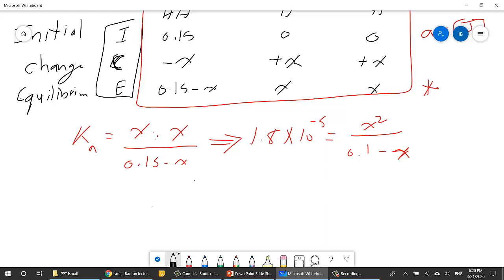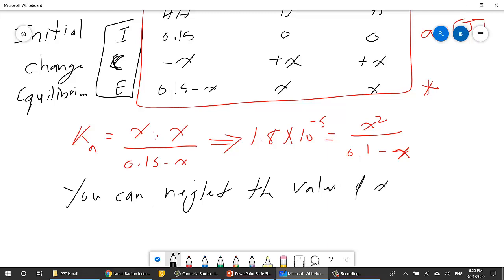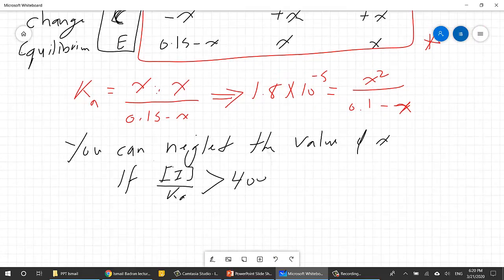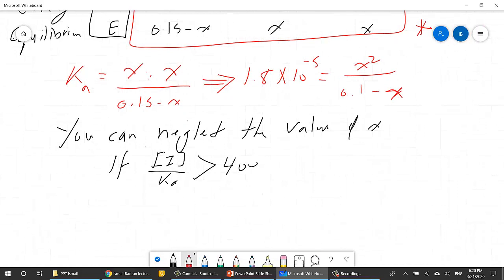So here you can neglect X if the initial concentration of the acid or the base over its Ka is bigger than 400. So that's your rule here. If this value is bigger than 400, then we should be fine.